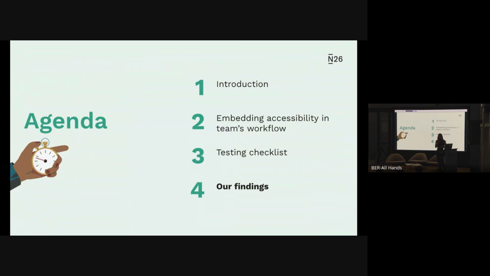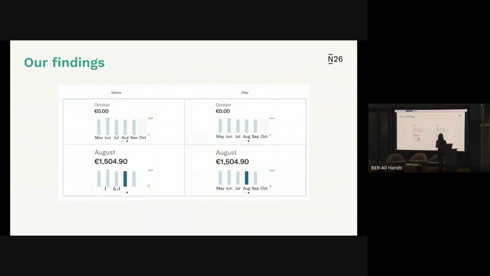And I will show you some of the issues that we have found in our Insights dashboard because of this checklist and because of the fact that we test accessibility regularly. So, do you see something weird on the left side? Okay, yes.